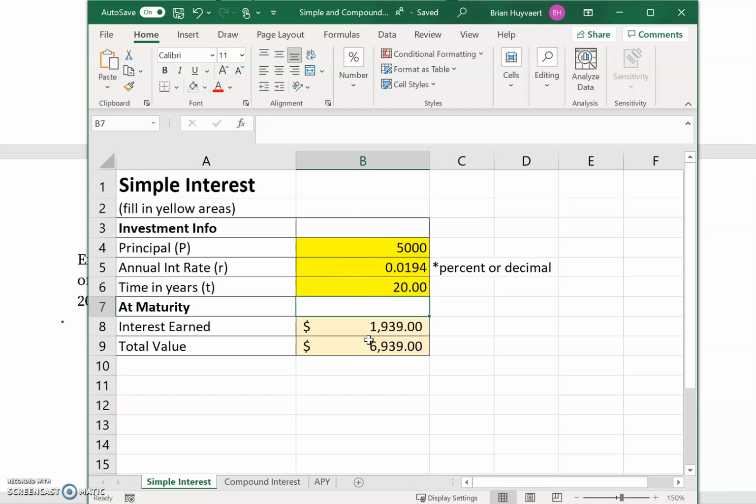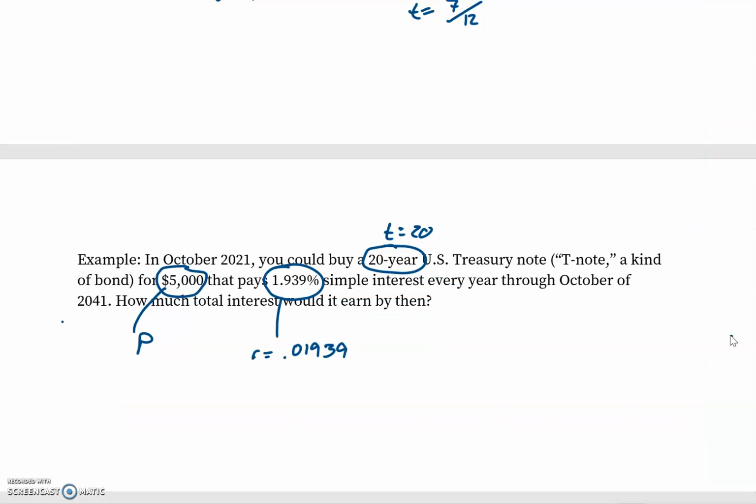And so we get our interest earned is 1,939. That number looks fairly similar because it was what our interest rate looked like. That was just a product of the fact that 20 times the 5,000, that part of the PRT equation, just ended up basically being a multiple of 10. Move the decimal over. So 1939 is our answer. So that's how much interest we earned.